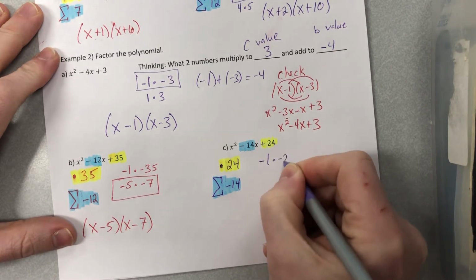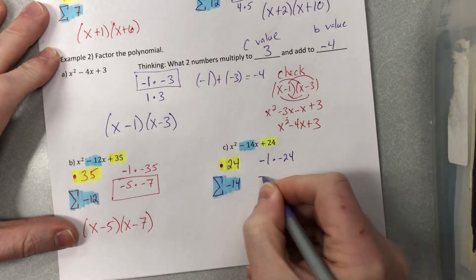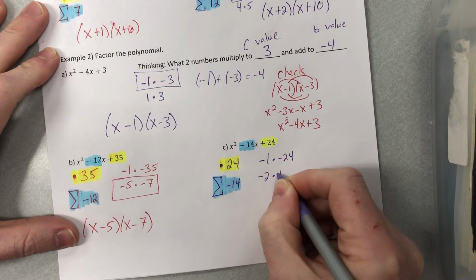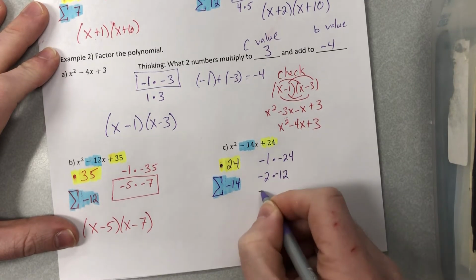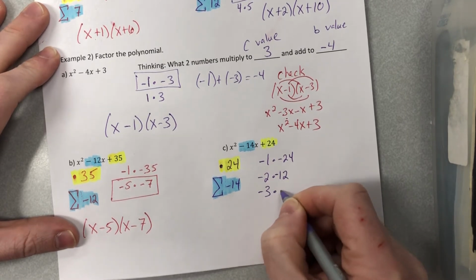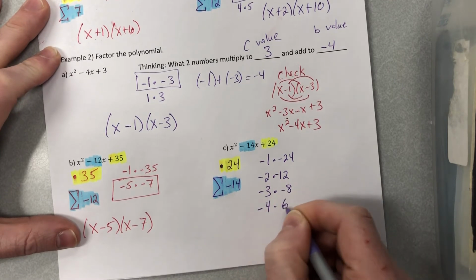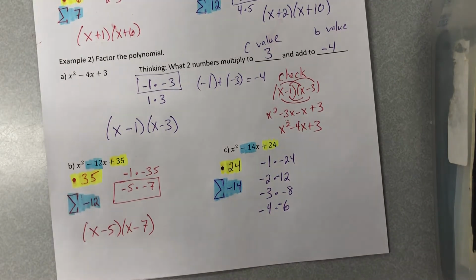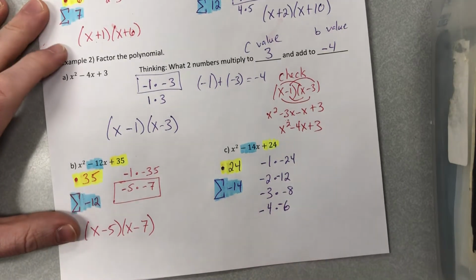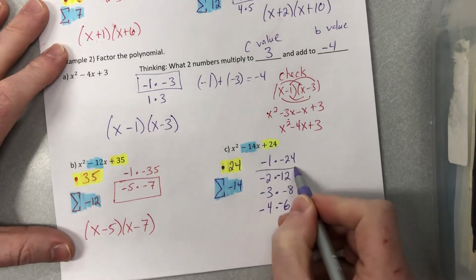Negative 1 times negative 24, negative 2 times negative 12, negative 3 times negative 8, and negative 4 times negative 6. Which of these factors add to negative 14?